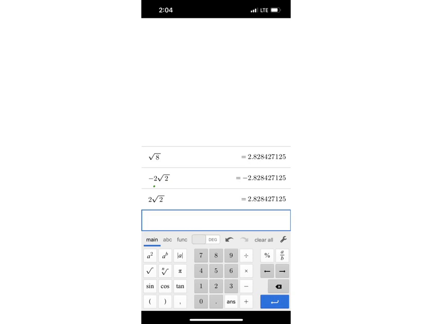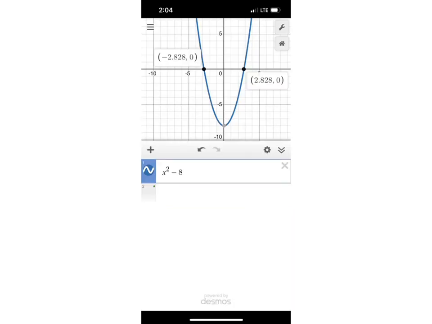The reason that I wanted to show you that is because if you graph this picture, x squared minus 8, that's our function that we just started with. If you graph that, what you can see is your roots are at positive 2.82 and negative 2.82. Everybody okay with that? So we're not just finding nothing here. We're finding the actual x-intercepts. Okay, all right, let's go on.